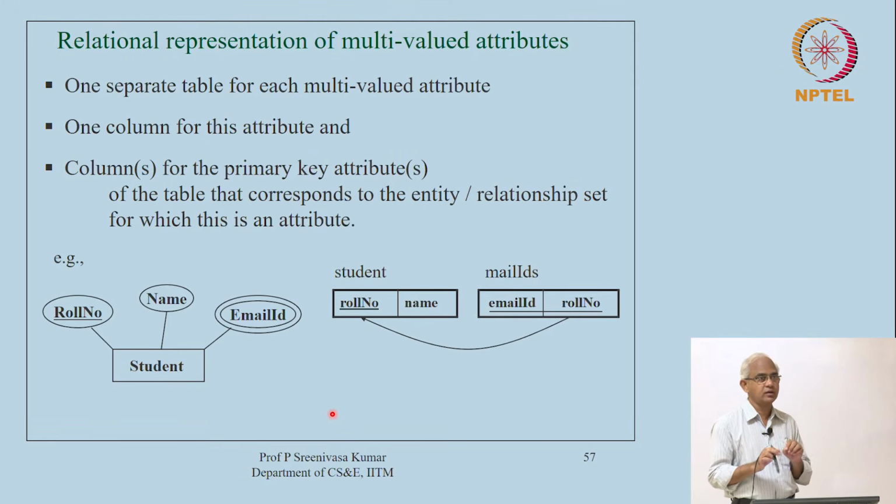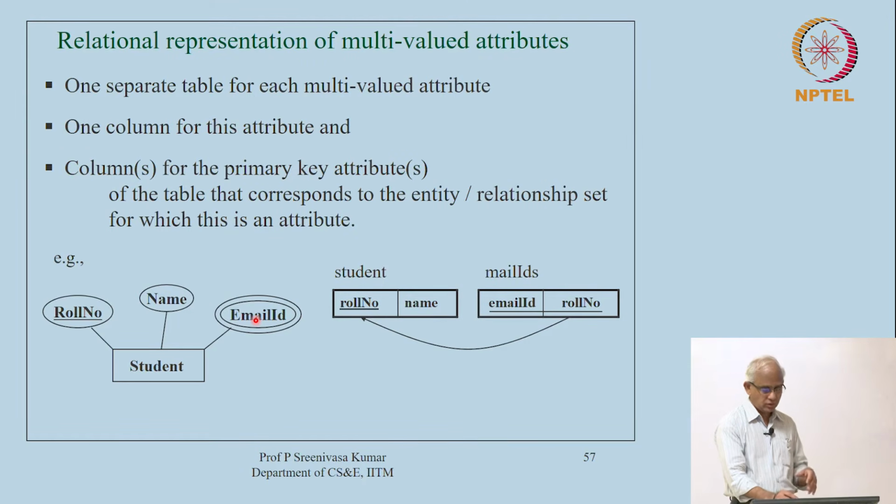It cannot contain a set of values or list of values or anything else. It contains only one value. So, a multi-valued attribute, by its definition, is a bunch of values, right. So, we cannot directly store it as a value in a cell of any relational table because of the constraints that the relational model has.